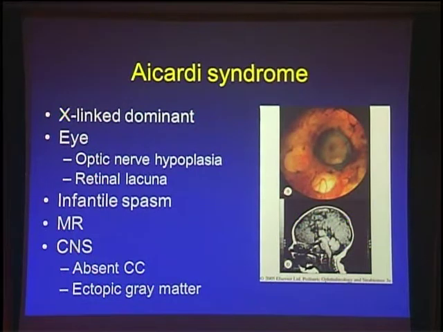These chorioretinal lacunae or colobomas that are multiple are the characteristic findings of Aicardi syndrome, associated with infantile spasms and midline defects. Remember that boys will die when they have Aicardi syndrome because it's an X-linked dominant condition.